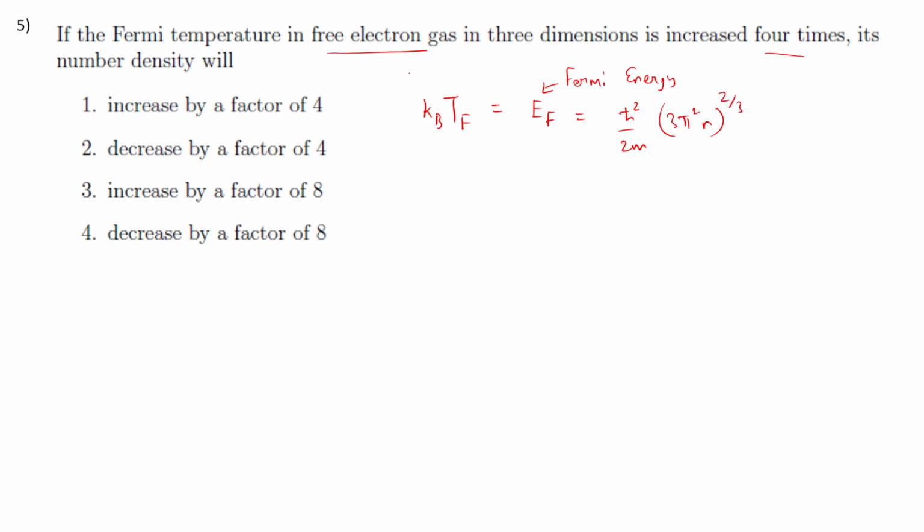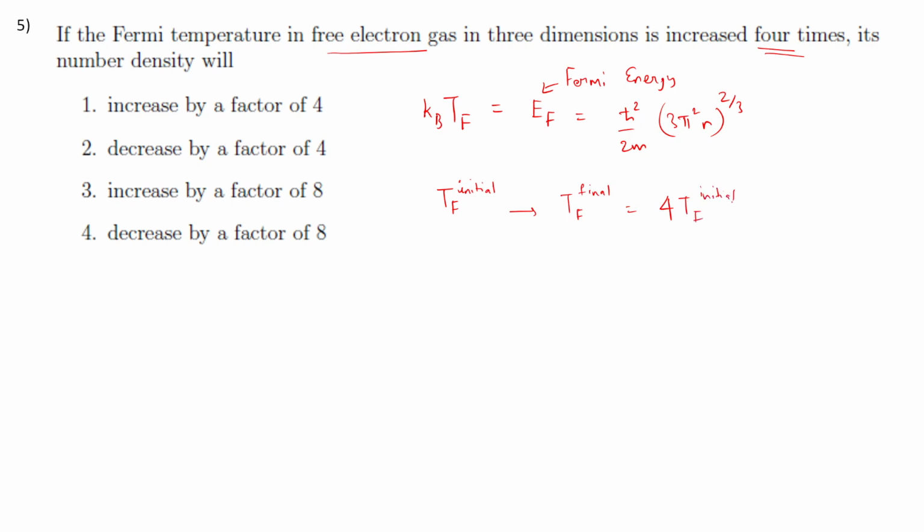Now it is saying that the Fermi temperature is increased by 4 times. So TF initial goes to TF final, which is 4 times TF initial.